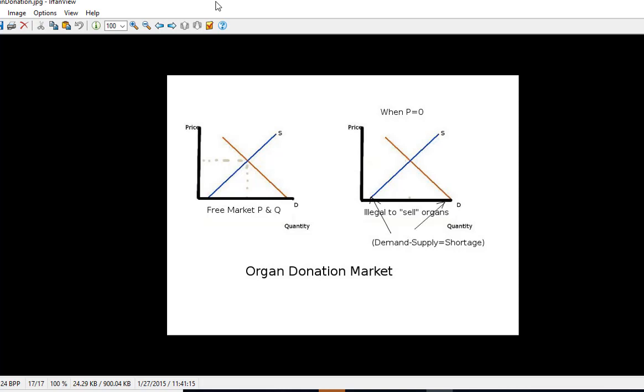Anybody who potentially needs a kidney is going to want it, but obviously they're not going to get it necessarily. There's going to be a shortage if the only way we can have organs is a price of 0. People are very hesitant to give up their organs when they can't get paid for it. So that's a little bit about pricing.